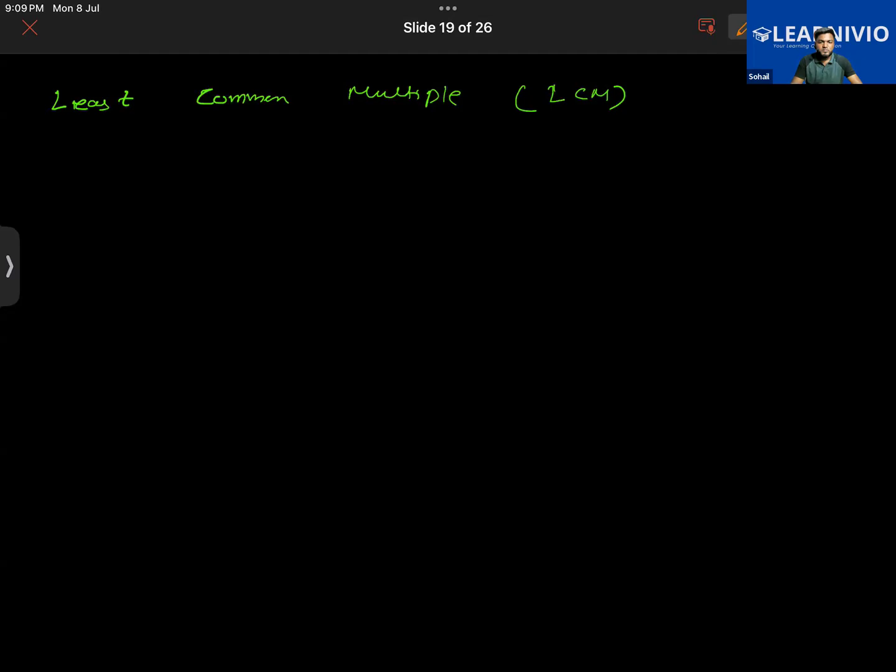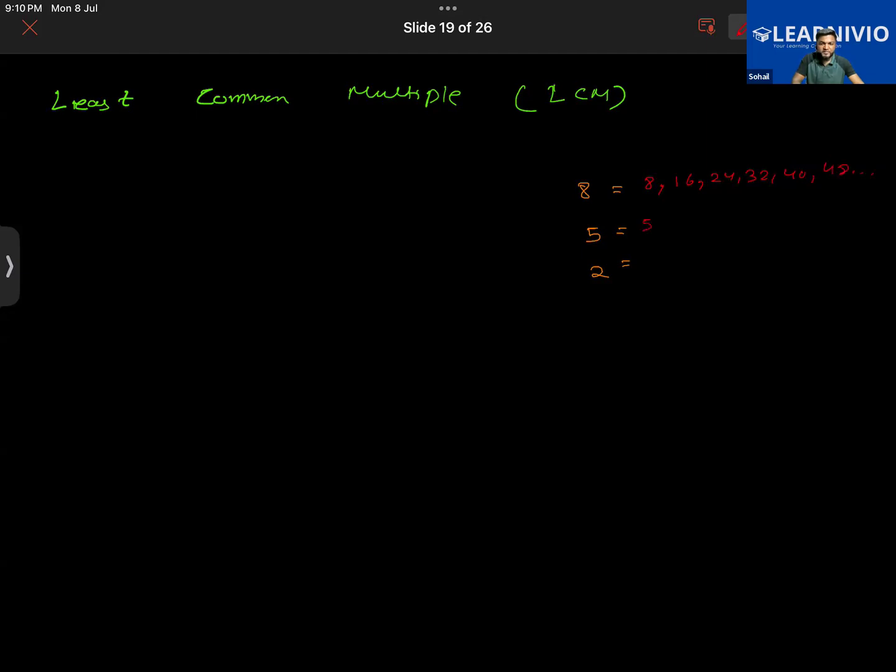Okay, give any 2 or 3 numbers. 8, 5, and 2. Okay, good. Multiples of 8 are 8 ones are 8, 8 twos are 16, 8 threes are 24, 8 fours are 32, 8 fives are 40, 8 sixes are 48, like this.